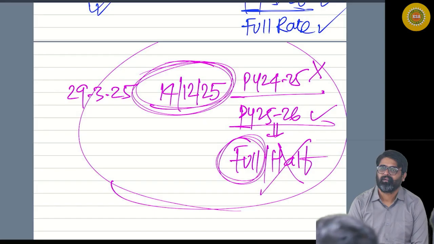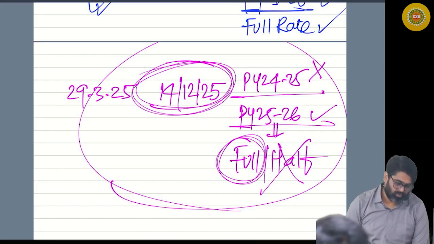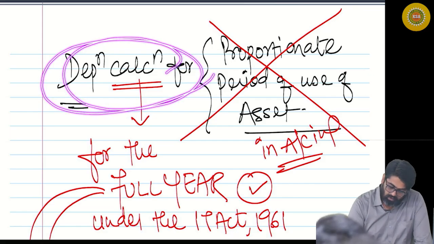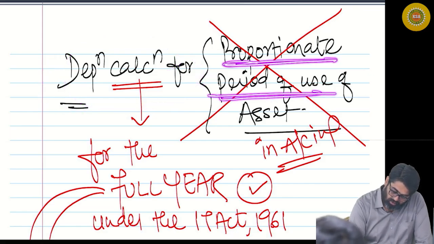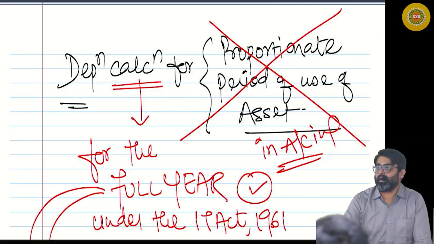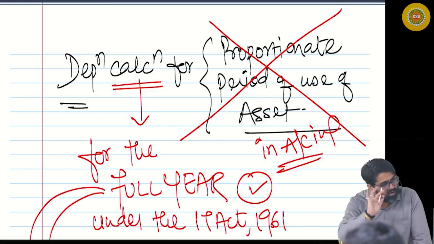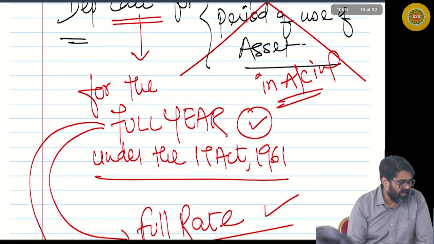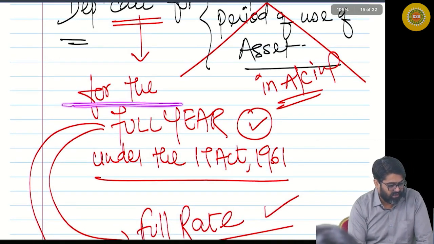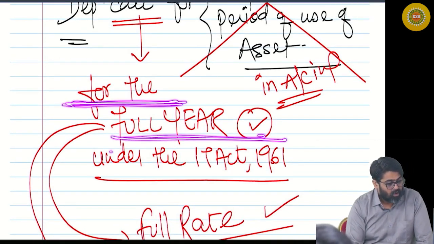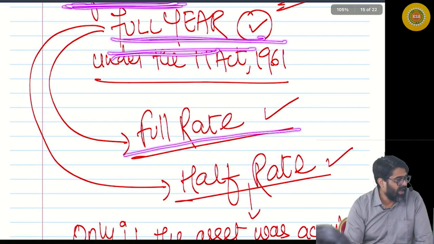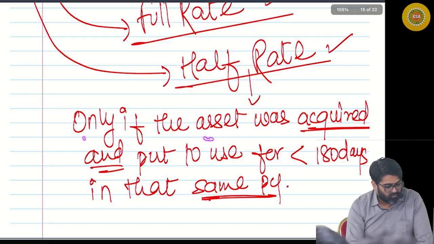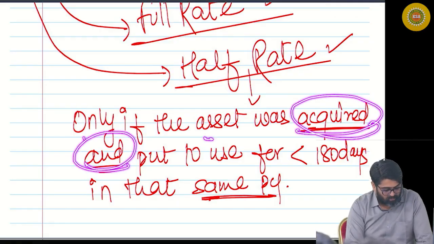Will you remember? So this was the depreciation calculation. Will it happen for a proportionate period of use of the asset, few months, few days? No, that happens only in accounting. Under the Income Tax Act, depreciation calculation is always either at full rate or at half rate, only in the previous year in which the asset was acquired and put to use.